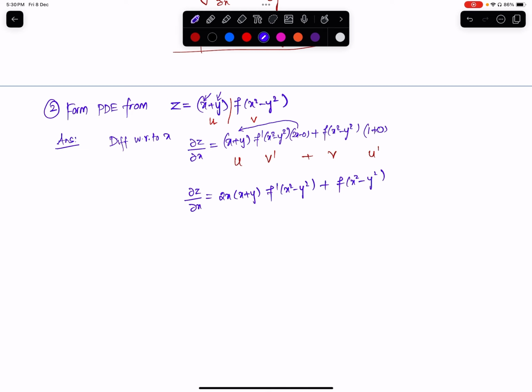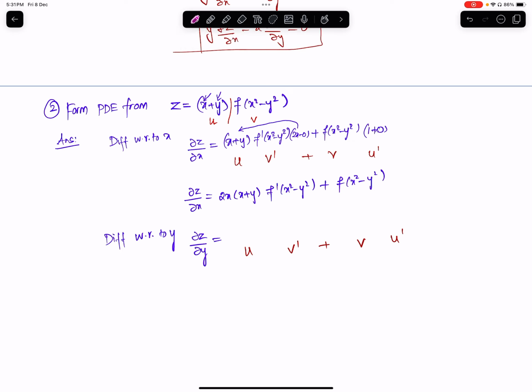Now I am going to differentiate with respect to y. In the same procedure, you have to apply the product rule. So ∂z/∂y, it is u v' + v u', but this time we do it with respect to y.